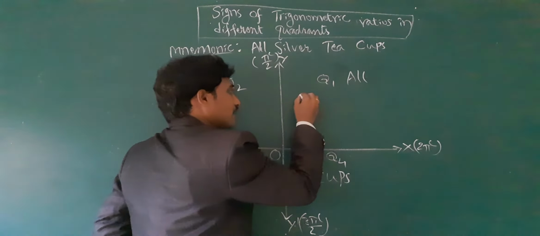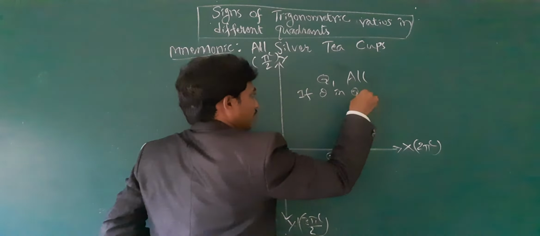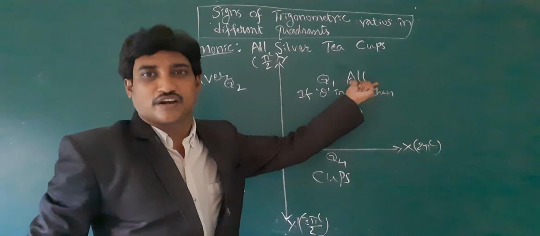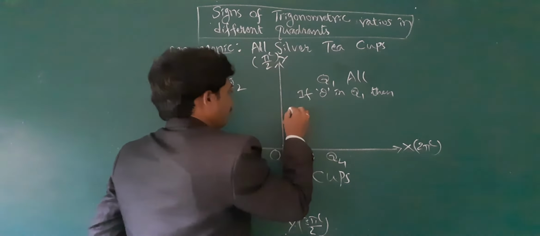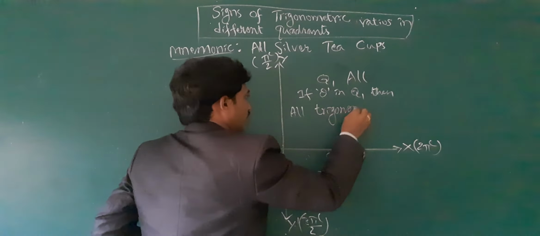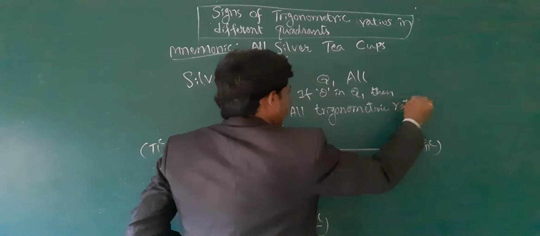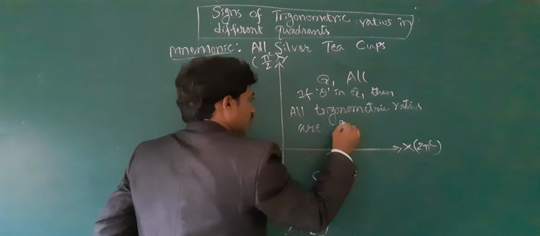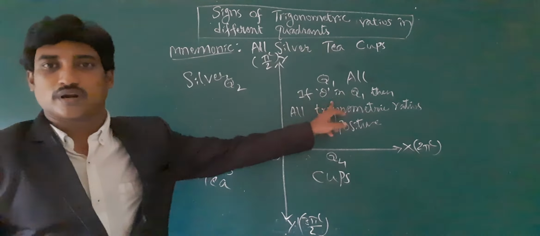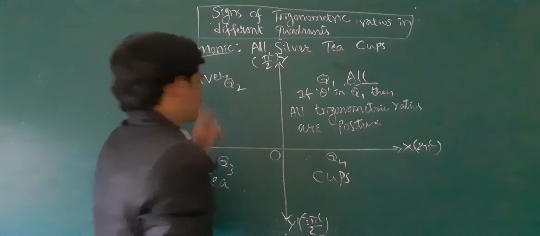Here all: if theta is in Q1, then all trigonometric ratios are positive. Next, silver.